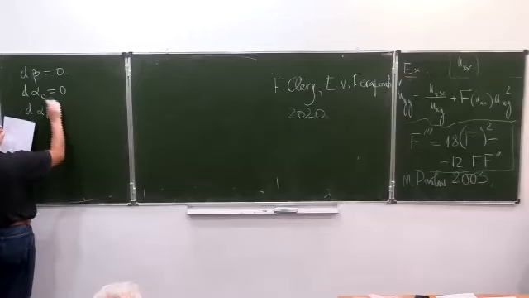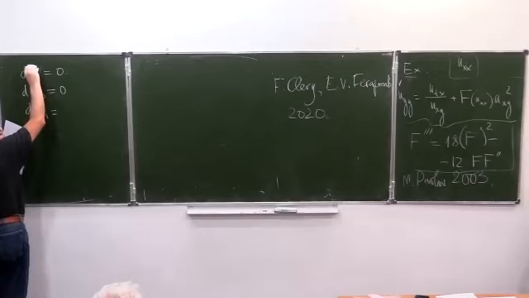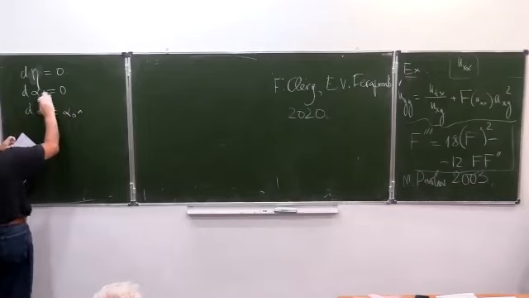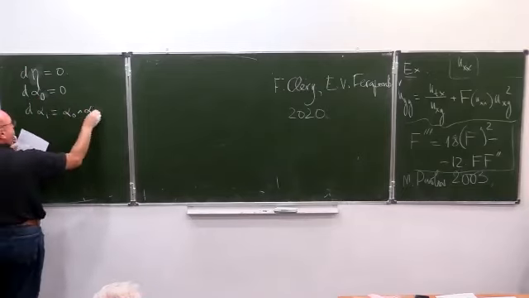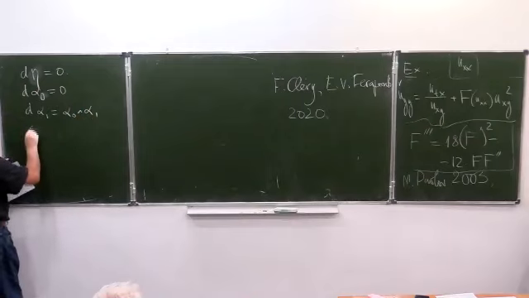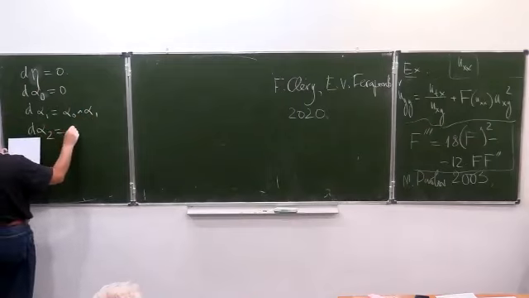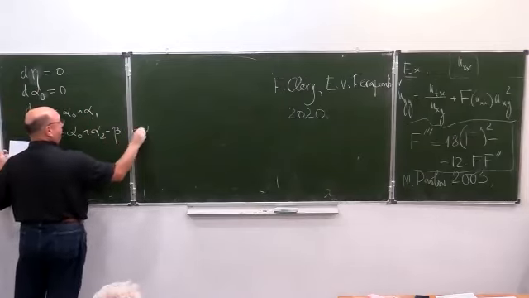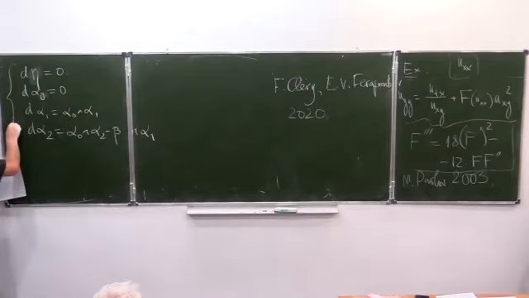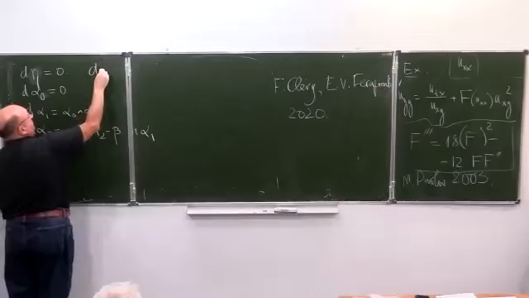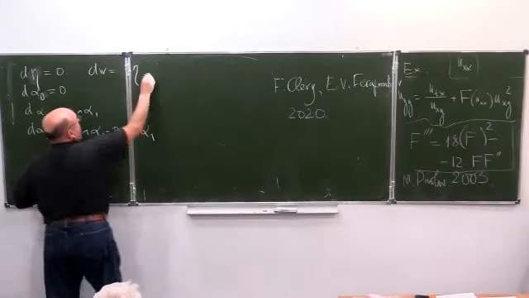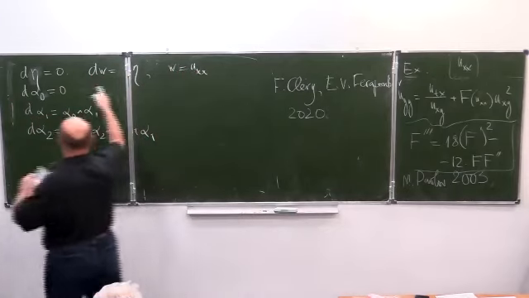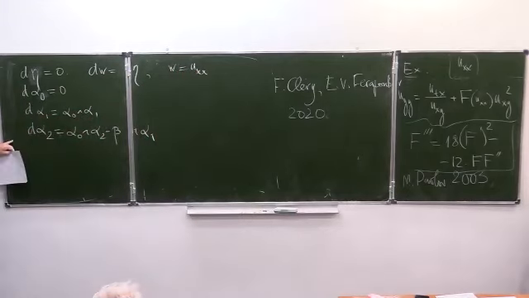This is eta, the only difference. And dw is eta, where w actually is this uxx. This is the structure equations from the previous example.